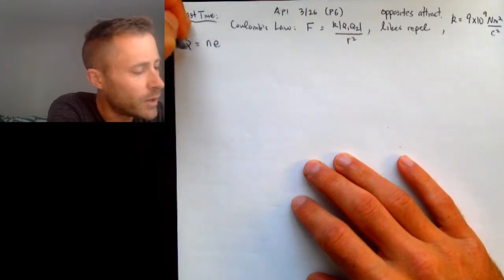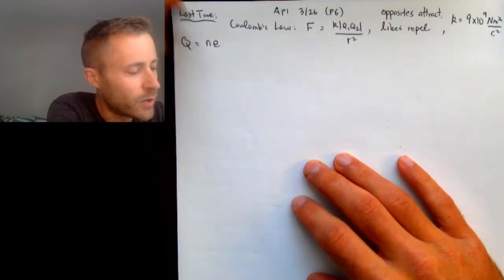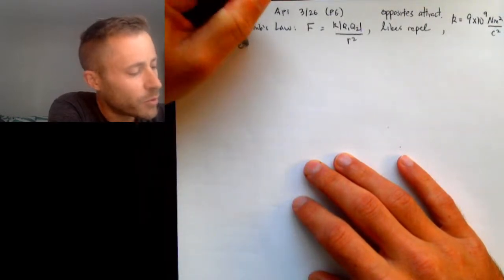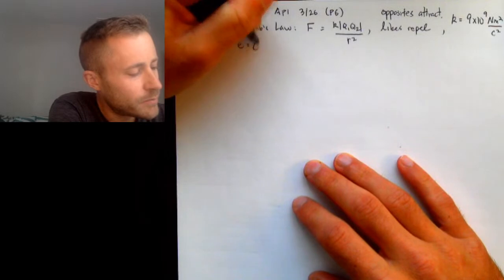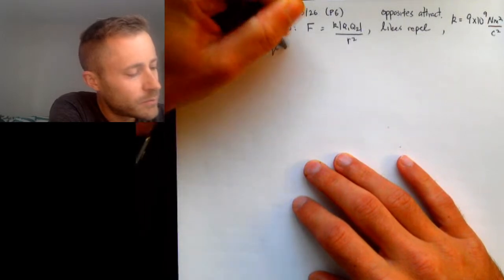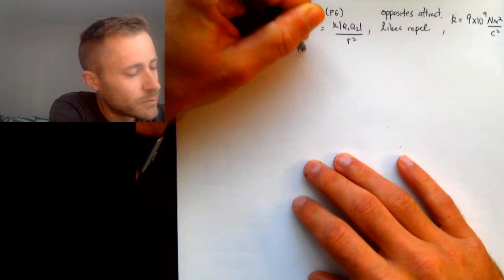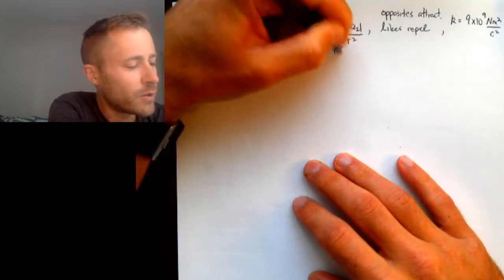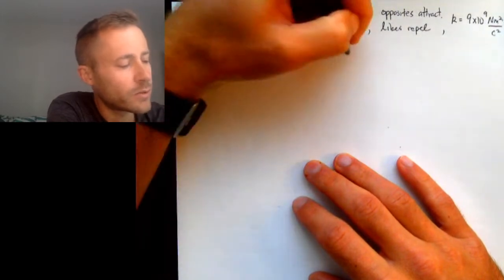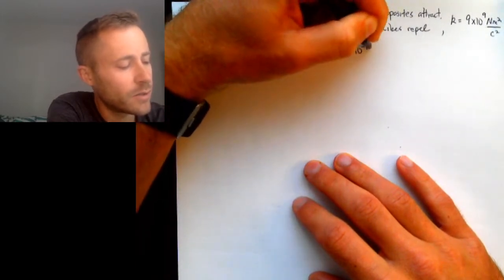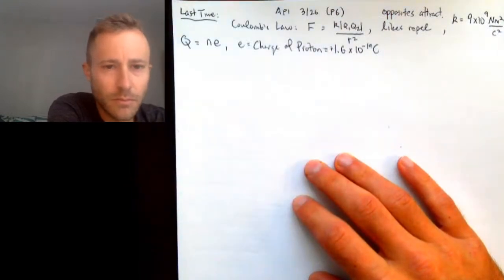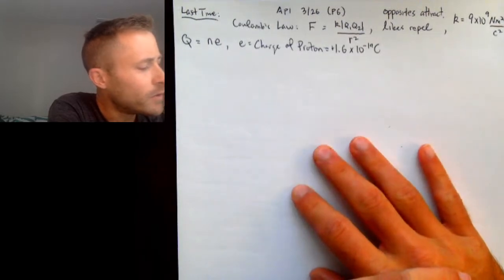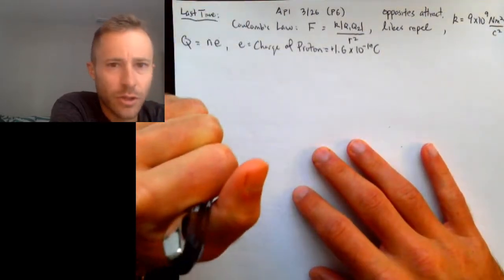And that fundamental charge is the charge of a proton. The value is very small. It's plus 1.6 times 10 to the minus 19 coulombs. And that was called quantization of charge.